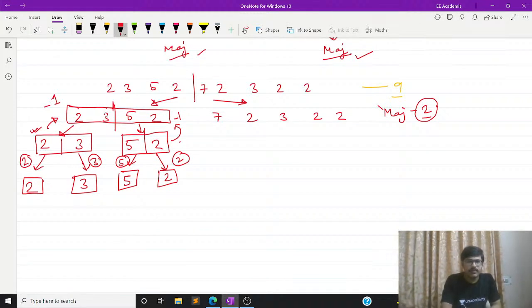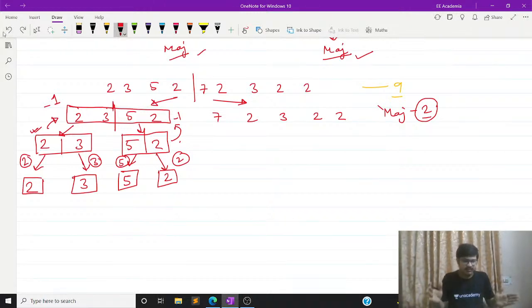So now when I look at this problem 2 3 5 2, I see that there is no majority element in the left half or the right half. So there is no majority element in both of these halves. What I can say is that there is no majority element in this entire array.